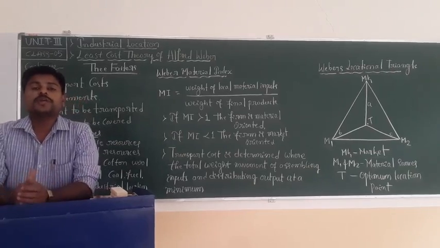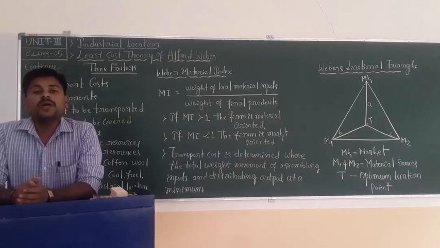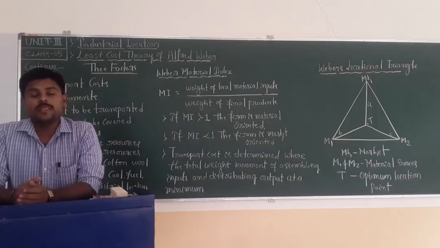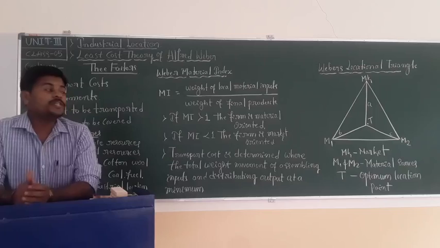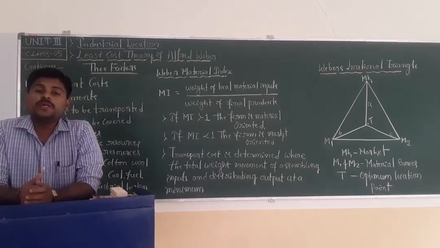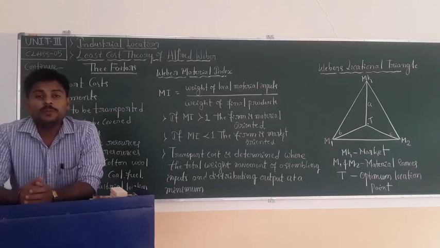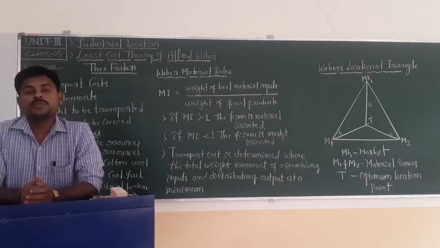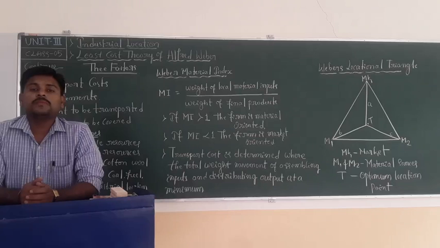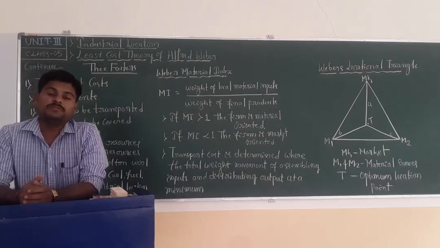Weight to be transported, because Alfred Weber classified resources into two types: pure material resources and gross material resources. The weight to be transported means the weight of output and the weight of input of industries. Industries and manufacturing companies are importing raw materials from different locations and geographical areas.